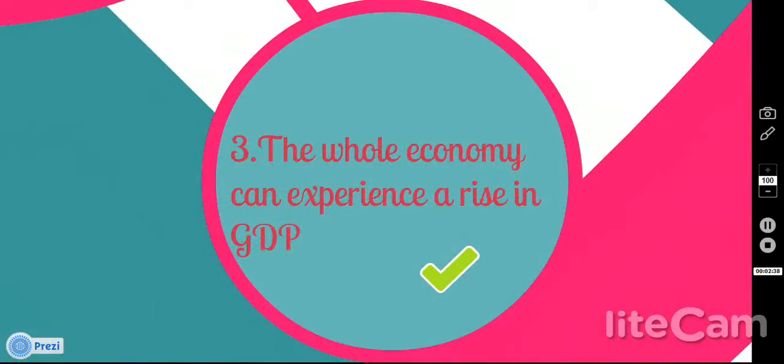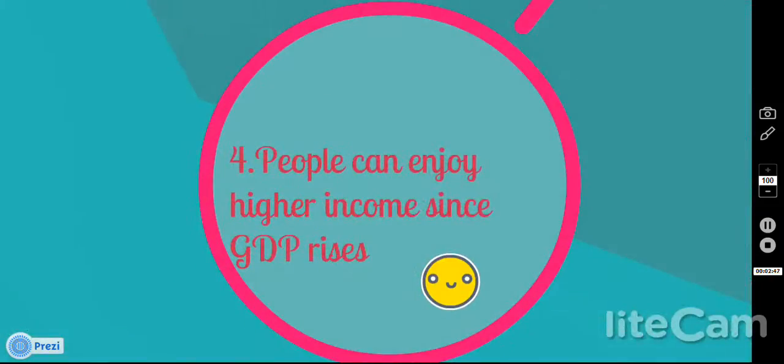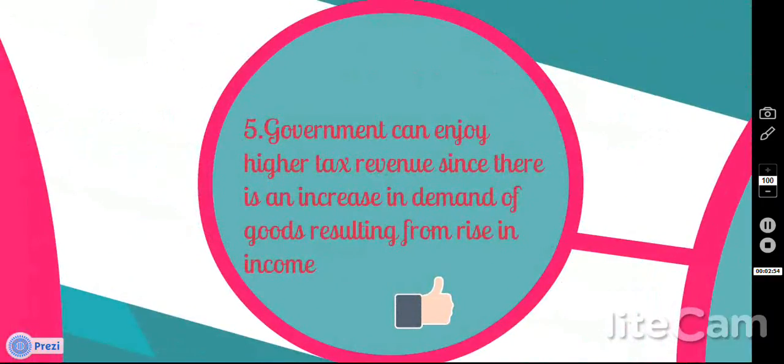And the GDP of the whole country will rise as well, since there is more demand for goods such as agricultural products. With an increase in GDP, people can enjoy a high income. Moreover, the government can enjoy high tax revenue resulting from higher demand for consumption with high income.